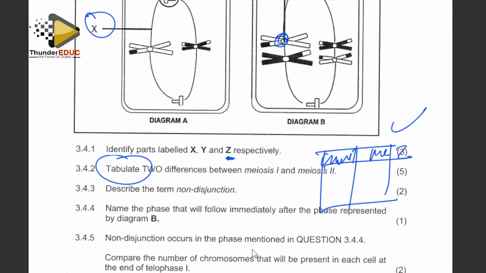Meaning that here are homologous chromosomes in meiosis 1. In anaphase 1, chromosomes move to opposite poles. In anaphase 2, chromatids move to opposite poles. You can also talk about meiosis 1 resulting in 2 cells, and meiosis 2 resulting in 4 cells. So there are a lot of differences you can talk about.